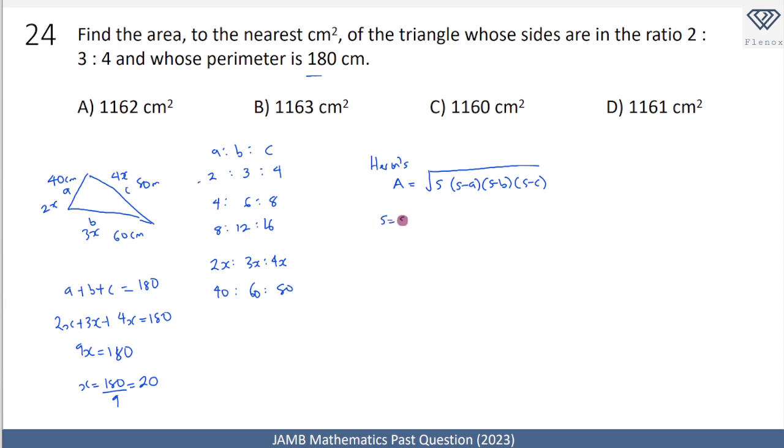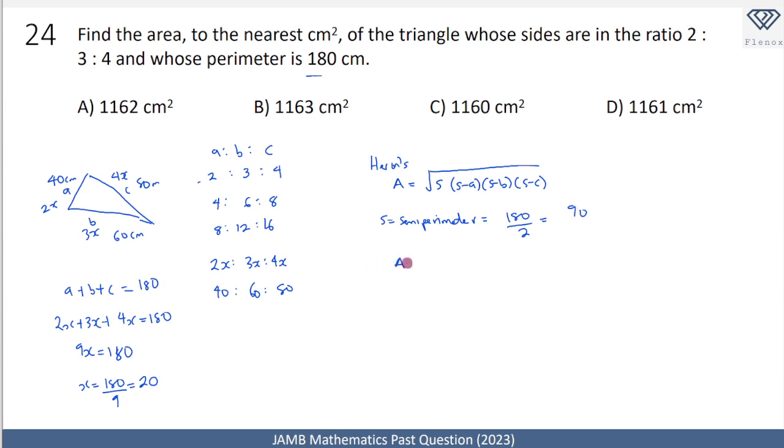And what is the semi-perimeter? Semi-perimeter just means half of the perimeter. In this case, the perimeter is 180, so the semi-perimeter is 180 divided by 2, and that is 90.